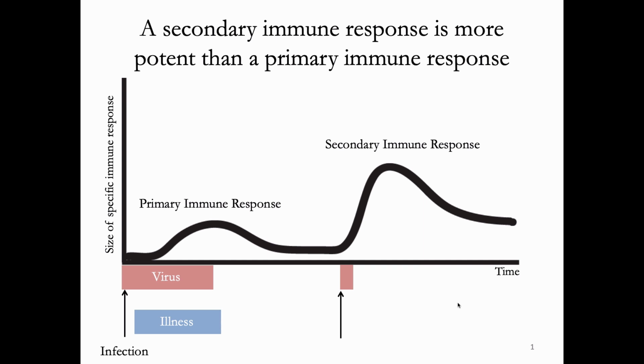As a result, generally the second time you are infected with some particular pathogen, you will not see any symptoms of illness, because the immune response will be so fast and so rapid that it will get rid of the pathogen before you feel it.